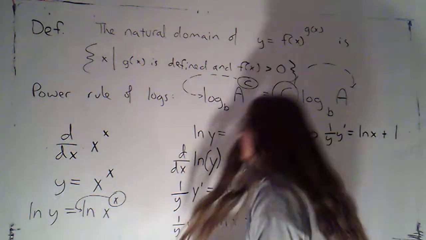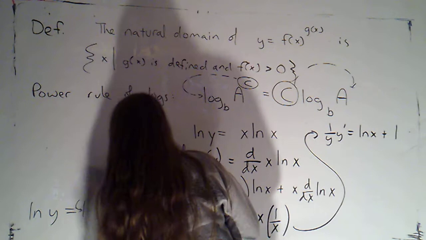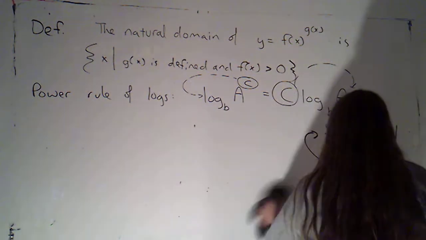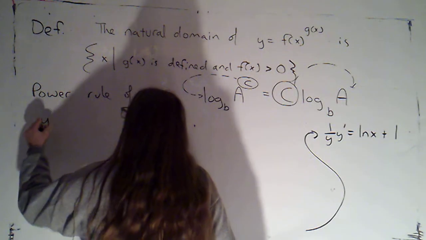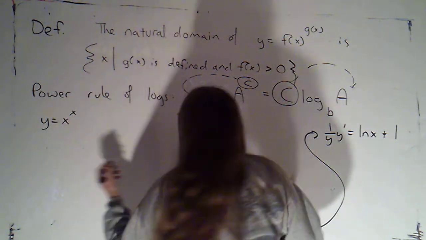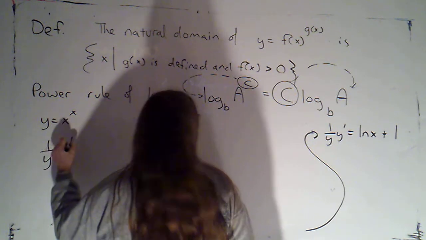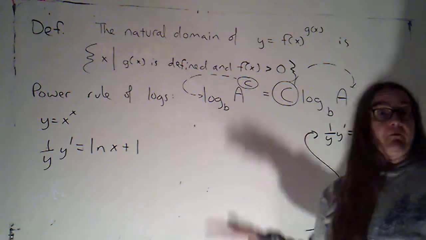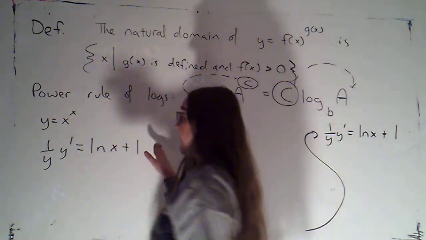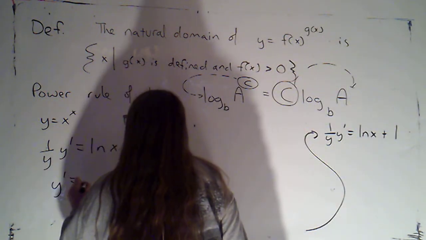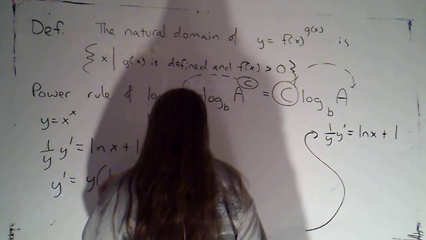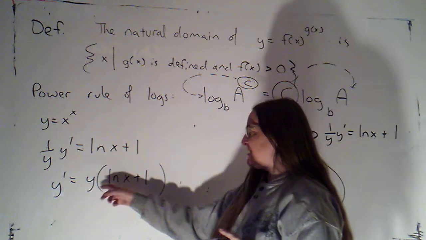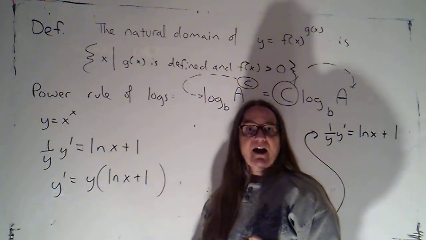Okay, so let me clear some space. We had y was x to the x, and what we have now is 1 over y times y prime is equal to the natural log of x plus 1. I'm going to solve for y prime, so I'm going to multiply over by y. So y prime is y times the quantity natural log of x plus 1. Do make sure that's in parentheses. Both terms get multiplied by y.